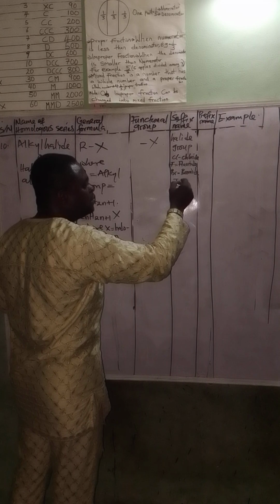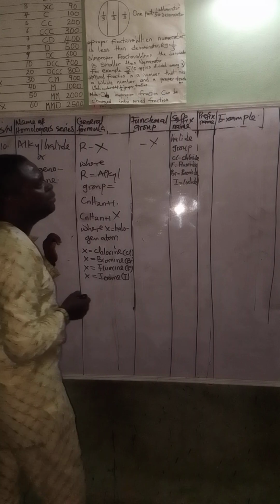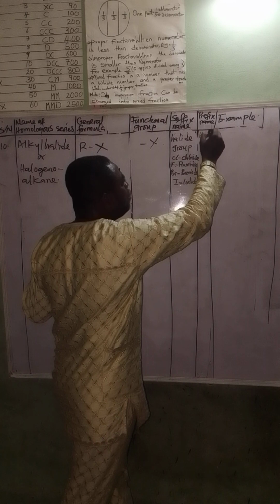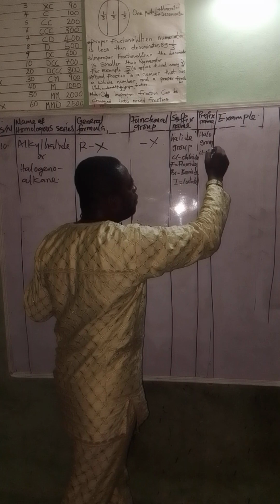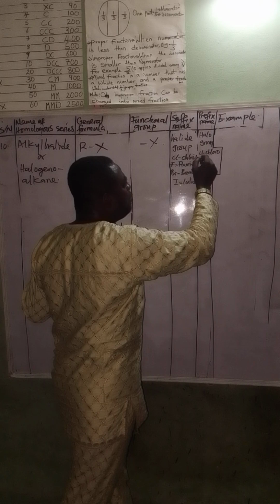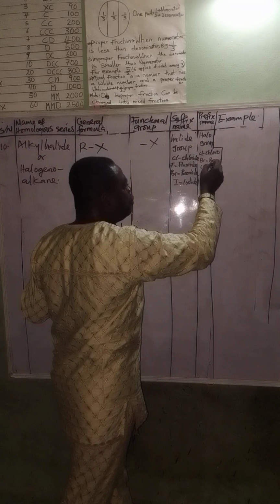For iodine, it will be iodide. Then the prefix name is halo group. For chlorine, it will be chloro. And then bromine will be bromo. Then iodine will be iodo. Fluorine will be fluoro.